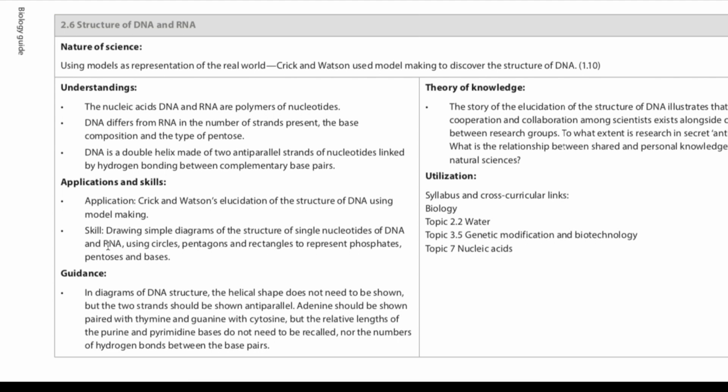So the last application that we need to consider is the work of Watson and Crick and how they used a model to understand the structure of DNA, exactly how it forms this thing called the double helix. So I would like you to go into your textbook and read a bit about that.